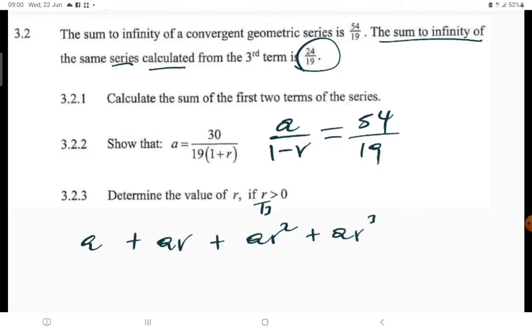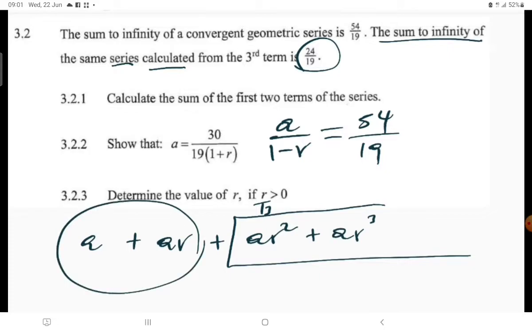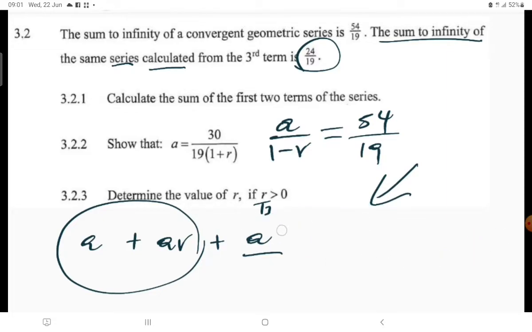So they mean that this series now, they calculate it from the third term, which means these ones are removed to get the sum of this second series, because now it is term 3 plus term 4 plus term 5 plus term 6 plus term 7 plus term 8. So this is just what we have for now.